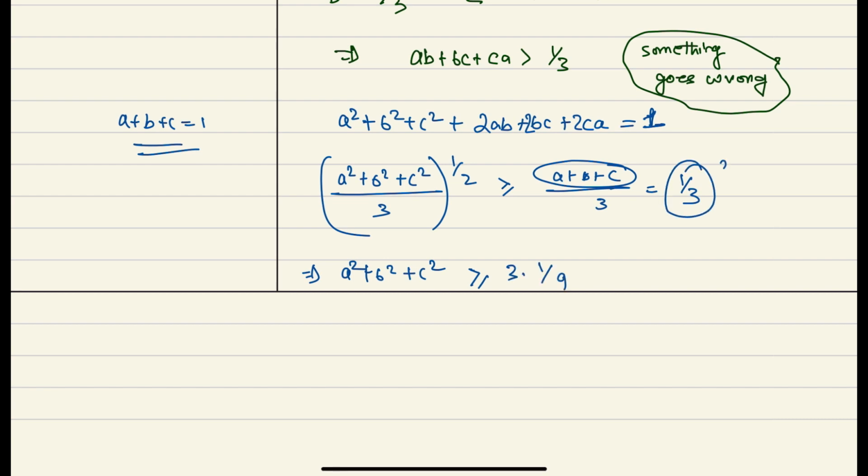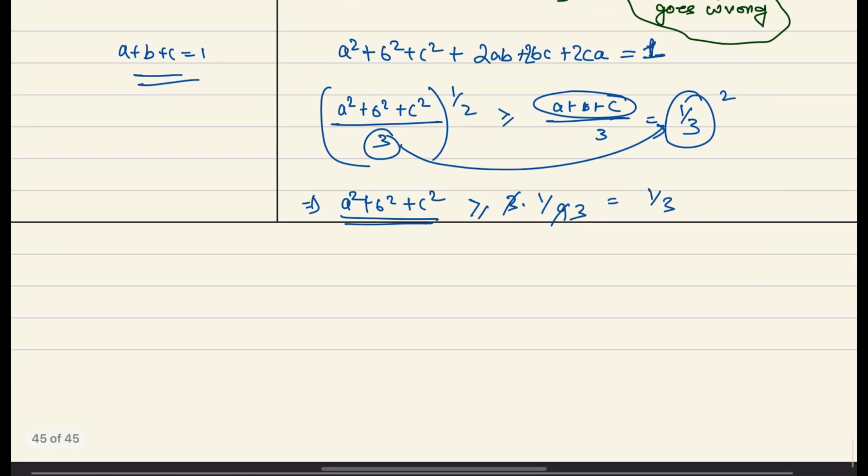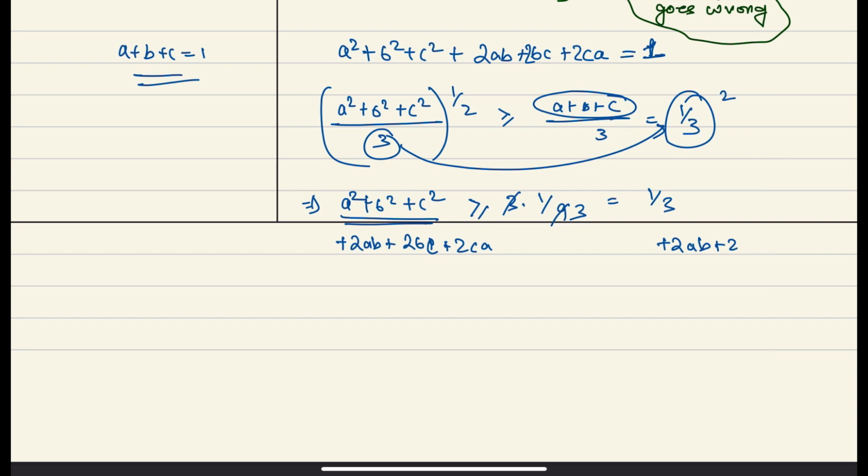So this one is squared and the 3 goes to the right hand side. So 3 by 9 cancels, so this is 1/3. So a square plus b square plus c square is greater than or equal to 1/3, which means that if I add 2ab plus 2bc plus 2ca to both sides, this is what I have.